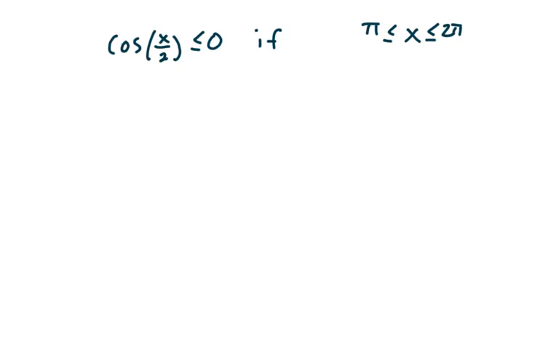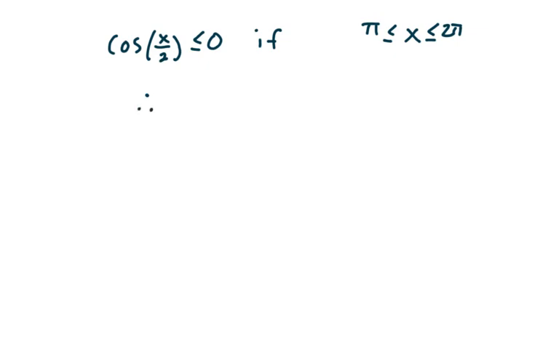And then cosine of x over 2 is less than or equal to 0 if x is greater than or equal to pi and less than or equal to 2 pi.